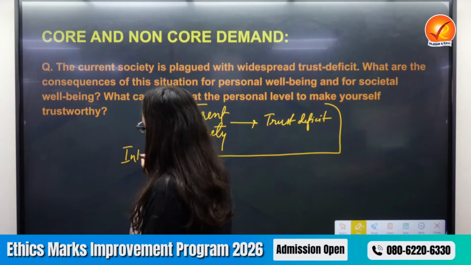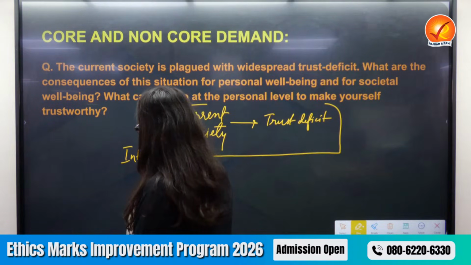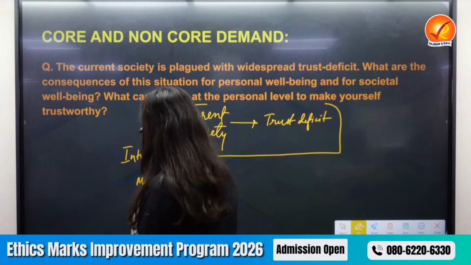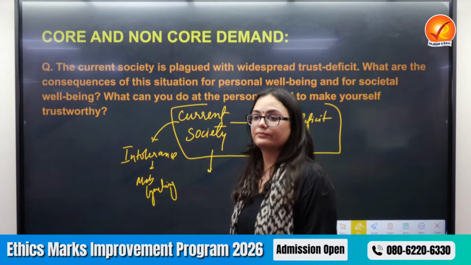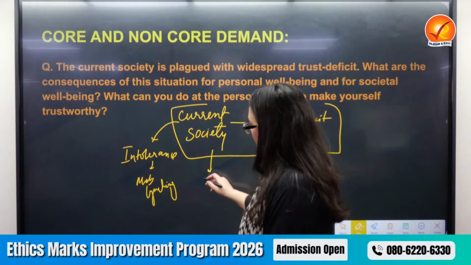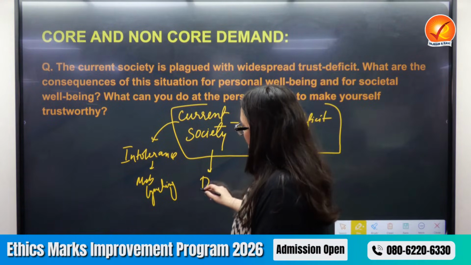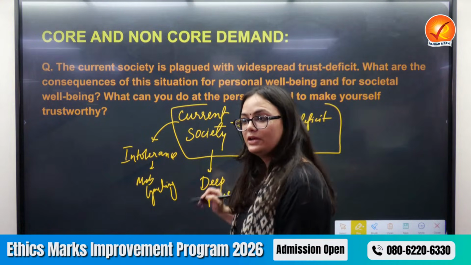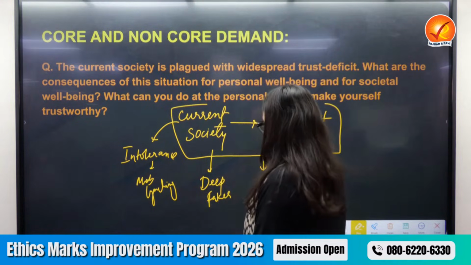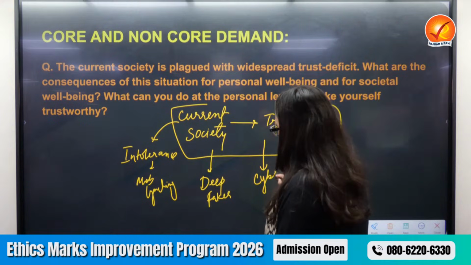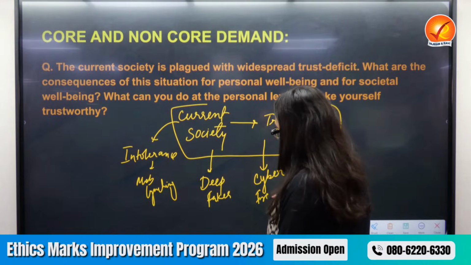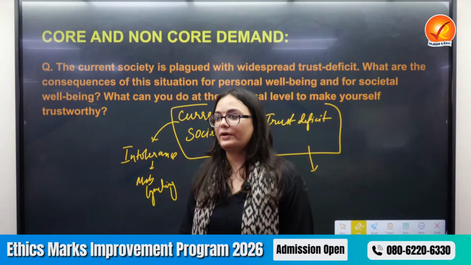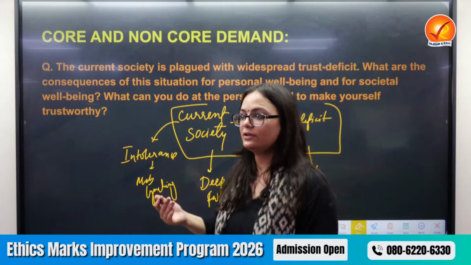Intolerance reflected in mob lynching. Second, deep fakes. When you link it with social media, cyber frauds, widespread inequality in the economic sphere. What am I doing?